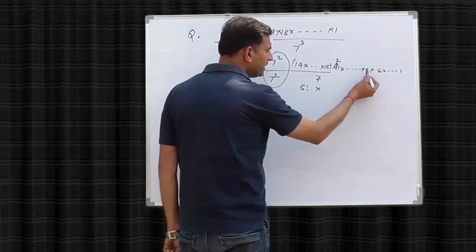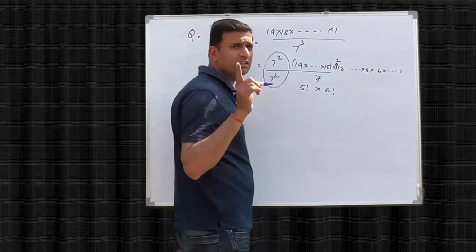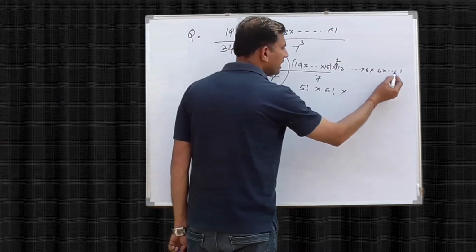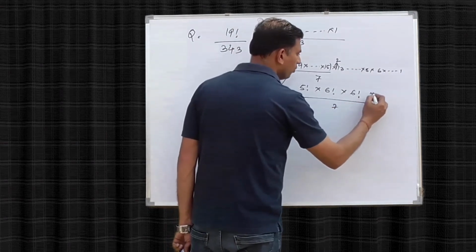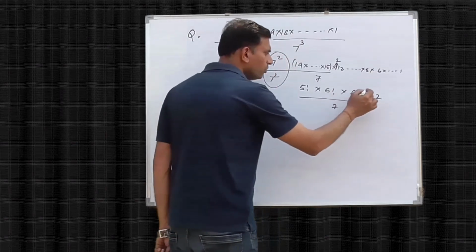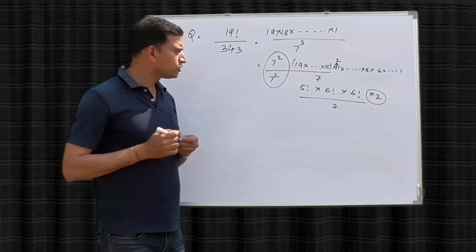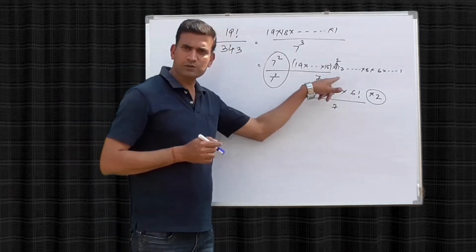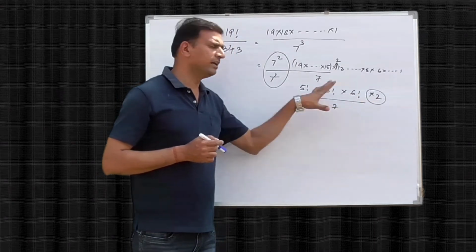Then from 8 to 13, we are having 6 factorial. These are the remainders. Again 1 to 6, 6 factorial. And overall we are having 2. This 2 is for 14. Clear? So all total this is 6 factorial square into 5 factorial into 2 divided by 7.